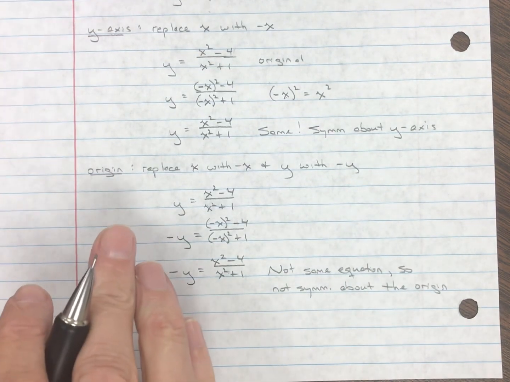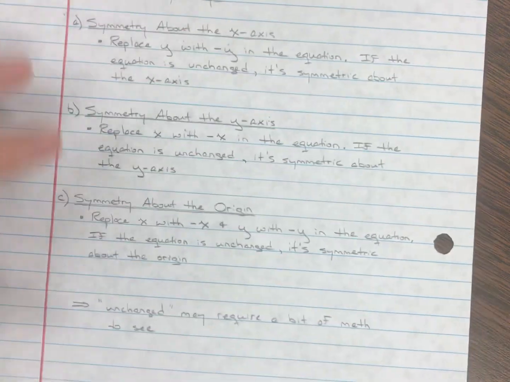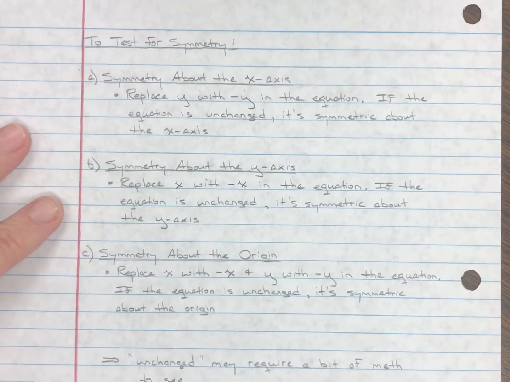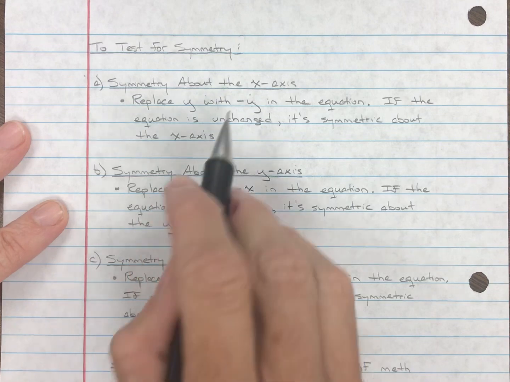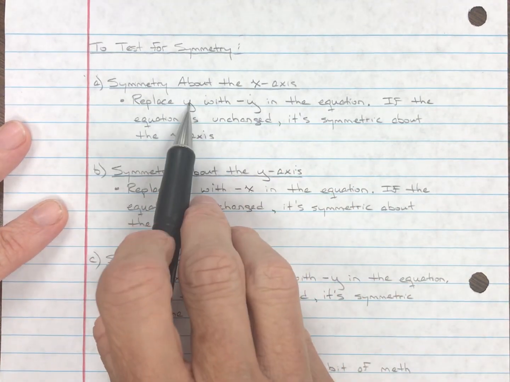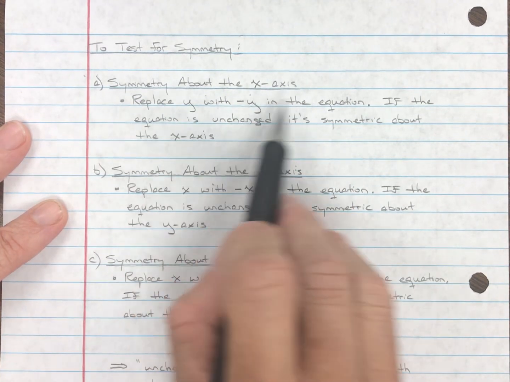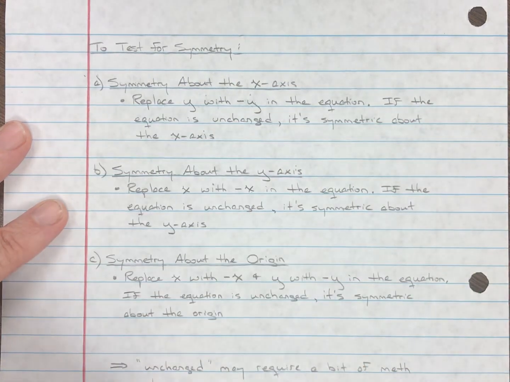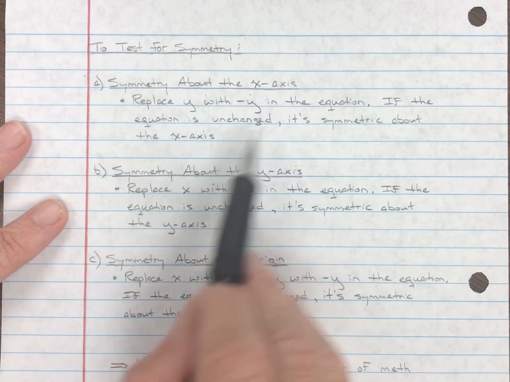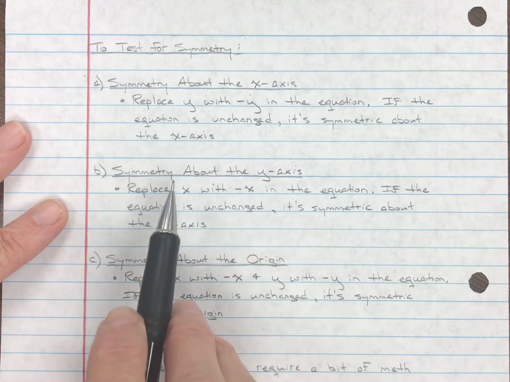Okay. So again, quick recap. Symmetry about the x-axis: replace the y with the opposite of y in the equation and see if you can get the same equation back. If you can, it is symmetric about the x-axis.